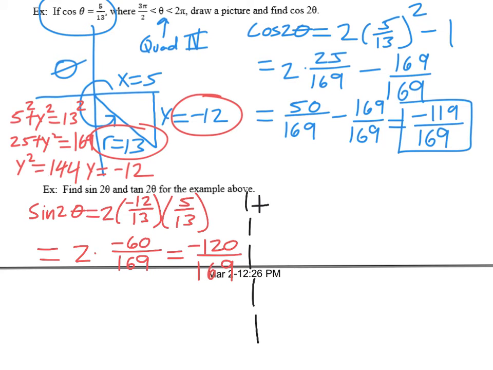And we'll wrap it up here. Let's do tangent as well. This is 2 tangent theta, right? This is another one I needed to get off the diagram. Tangent of that original angle is negative 12 over 5.